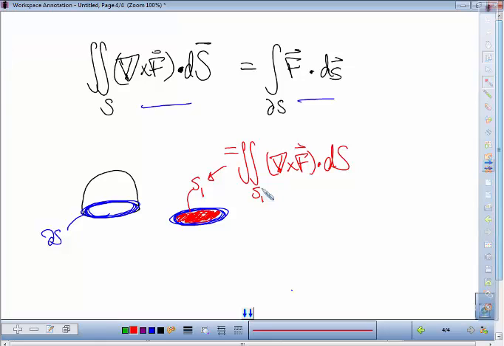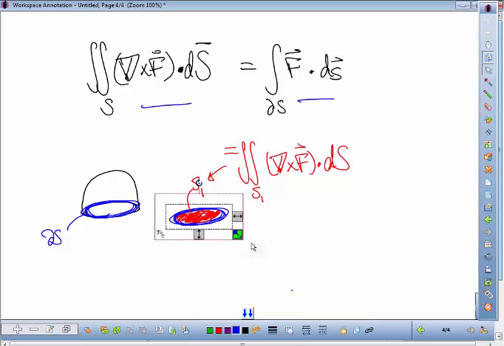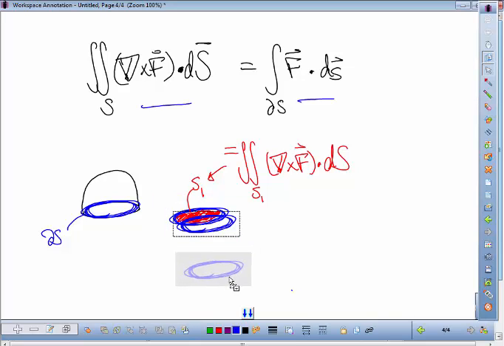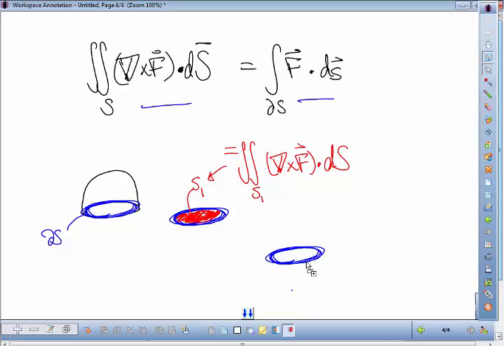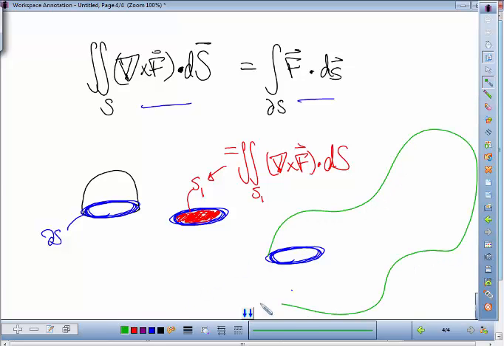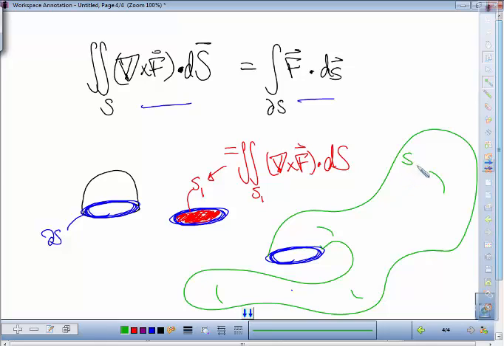In fact, I can use any surface that I want as long as it has the same boundary.